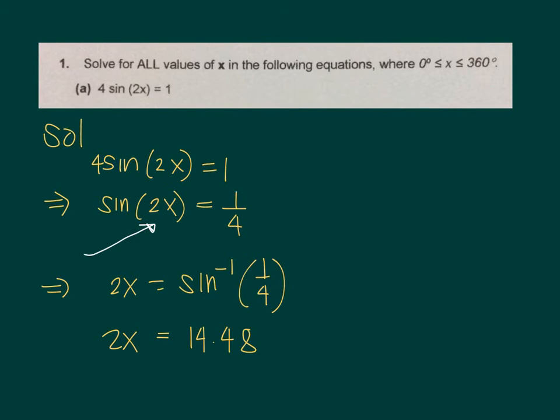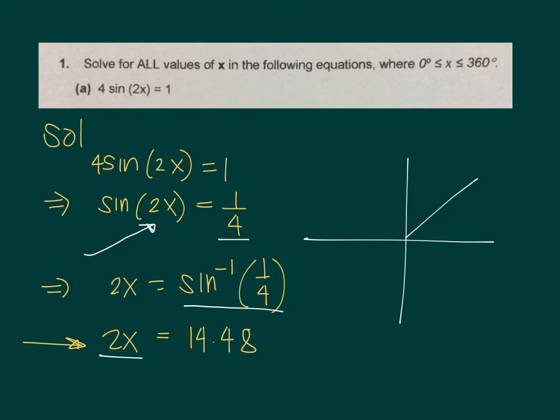Okay, now you have to be careful once you reach this part of the solution, because aside from 14.48, there's also another value for 2x in which the sine of 2x is equal to 1/4. So you got 14.48.